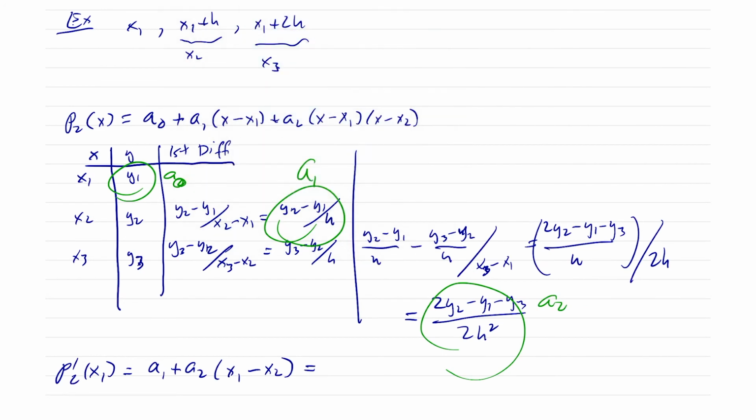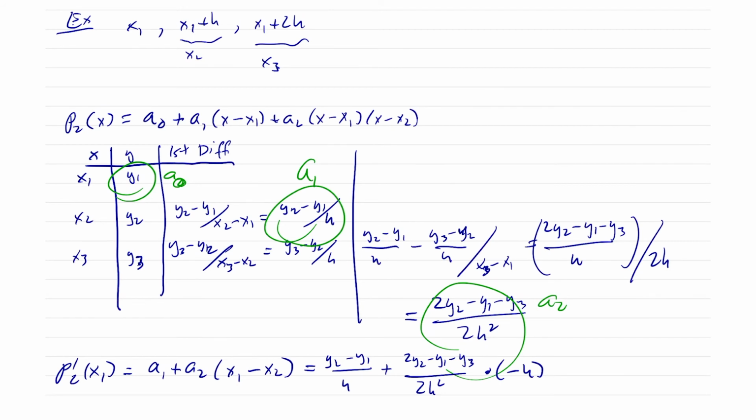What we get is this. So a1 is just, oh, sorry, not y1. It is y2 minus y1 divided by h. And then we get plus our a2, which is 2y2 minus y1 minus y3 divided by 2h squared, and then this times x1 minus x2, and so x1 minus x2 is going to give me minus h.